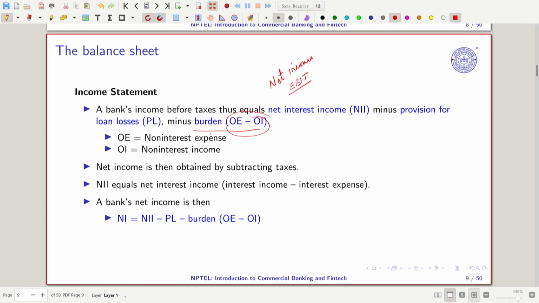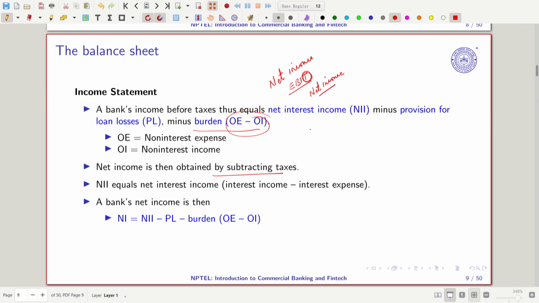Non-interest expense minus non-interest income. Net income is then obtained by subtracting the taxes. If you are going for adjustment of taxes, then it is classified as net income, that now you have paid the tax and whatever is the extra, you can say disposable profit that we have here.